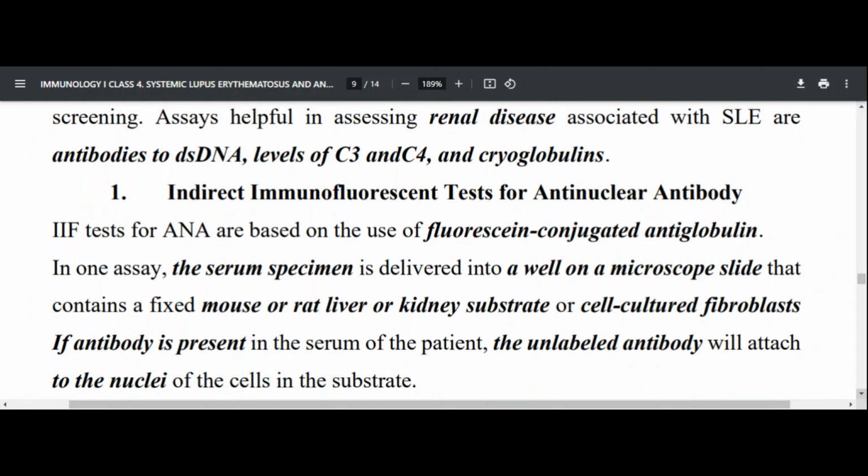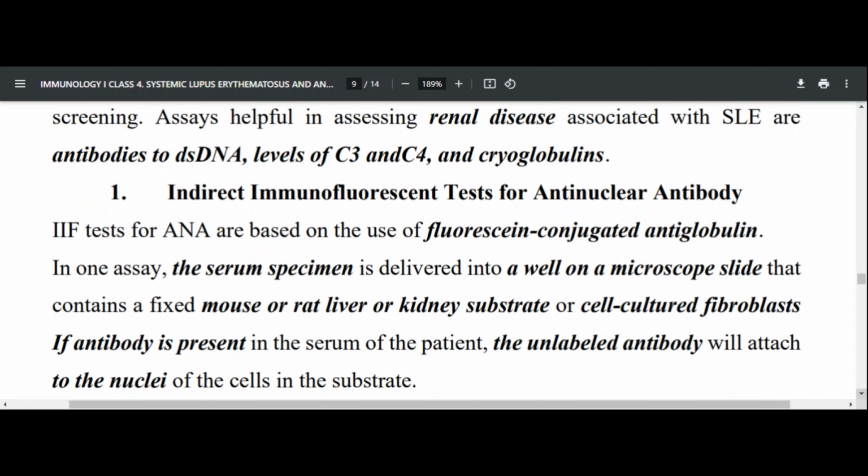In one assay, the serum specimen is dispensed into a well on a microscope slide that contains fixed mouse or rat liver or kidney substrates, or sometimes cell-cultured fibroblasts.